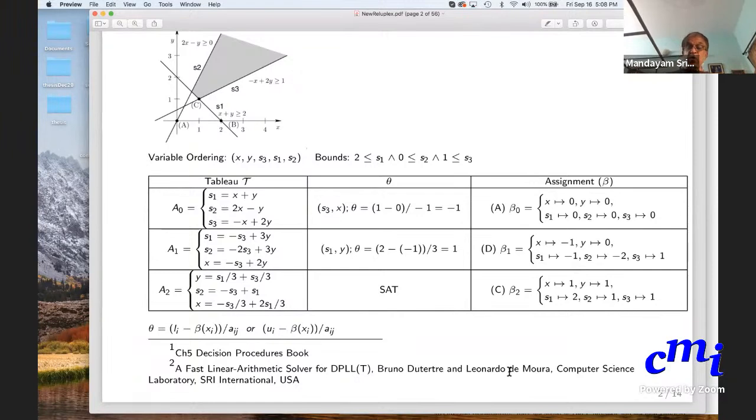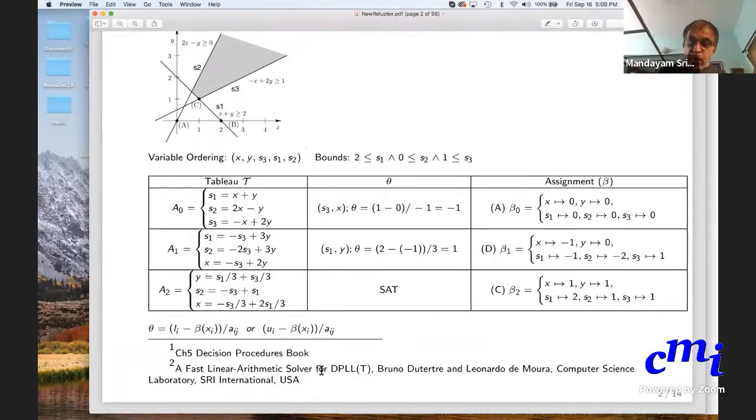The pseudo code as well as the correctness argument and its proof are fairly nicely given in this paper and in chapter 5 of the decision procedure book, from which this example is drawn. And as I said, chapter 5 itself is based on this paper and follows that structure.